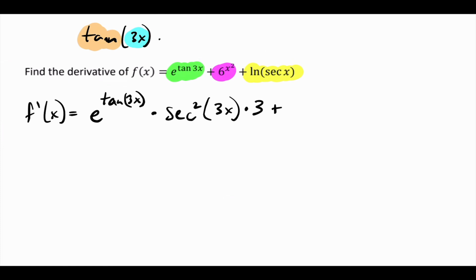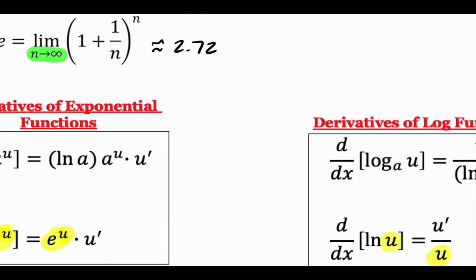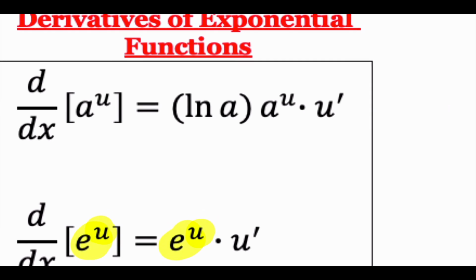Derivative of the pink. Well, I haven't done that one yet. I haven't done a 6 to the x power or 6 to anything power, but I have a rule for it. It's right here. 6 is a, and x squared is u.